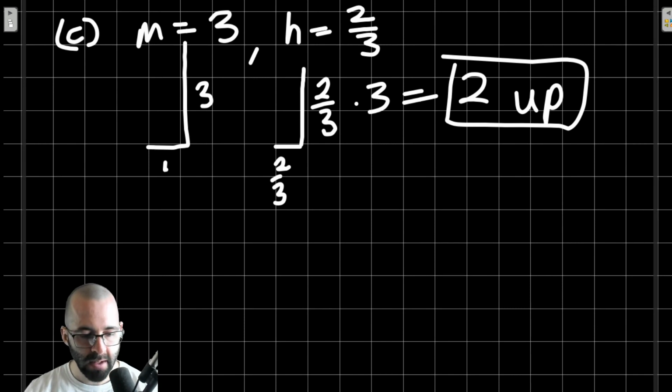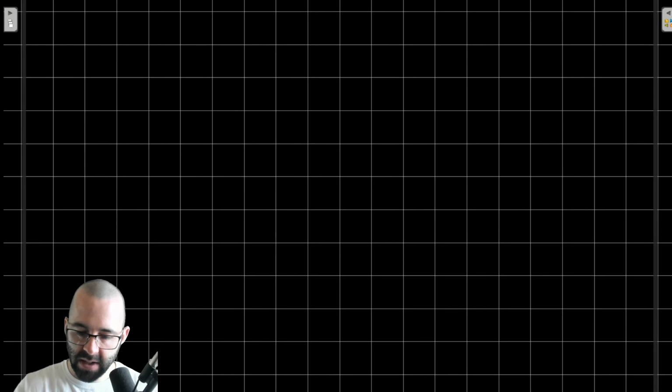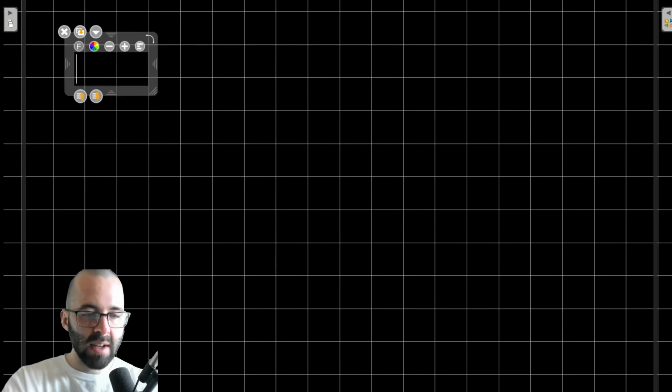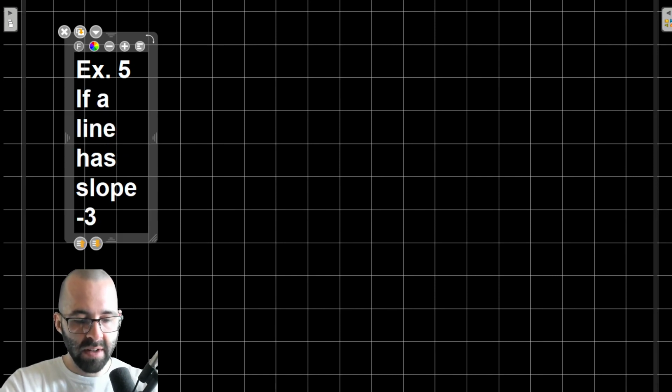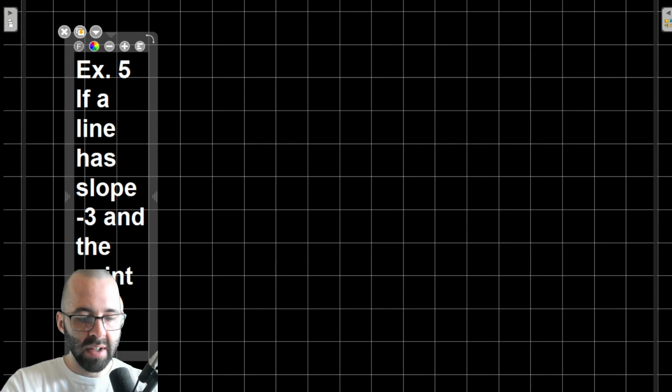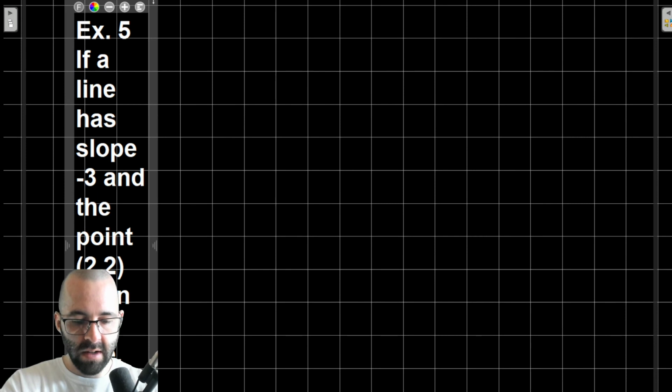All right. Last example. It's very, very similar. The last example is going to be example 5. What this one says is if a line has slope -3 and the point (2, 2) is on the line, fill in the following.